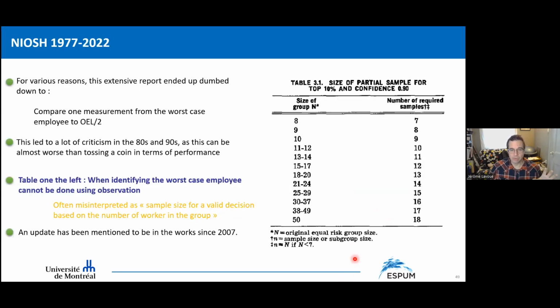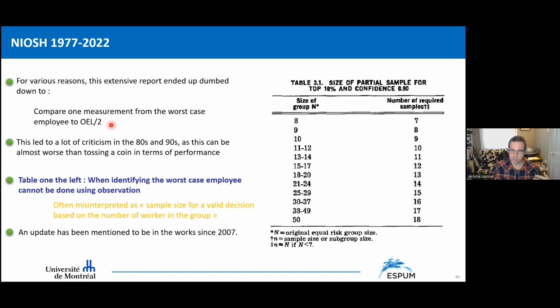But somehow, and maybe to facilitate the work of OSHA inspectors, so regulatory inspectors in the US, the practice that came out of this monograph was to compare one measurement from the worst case employee to half the OEL.